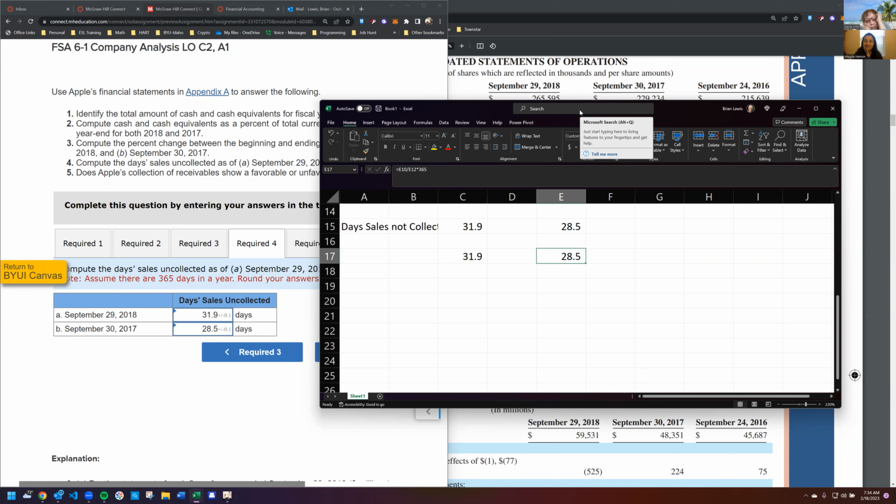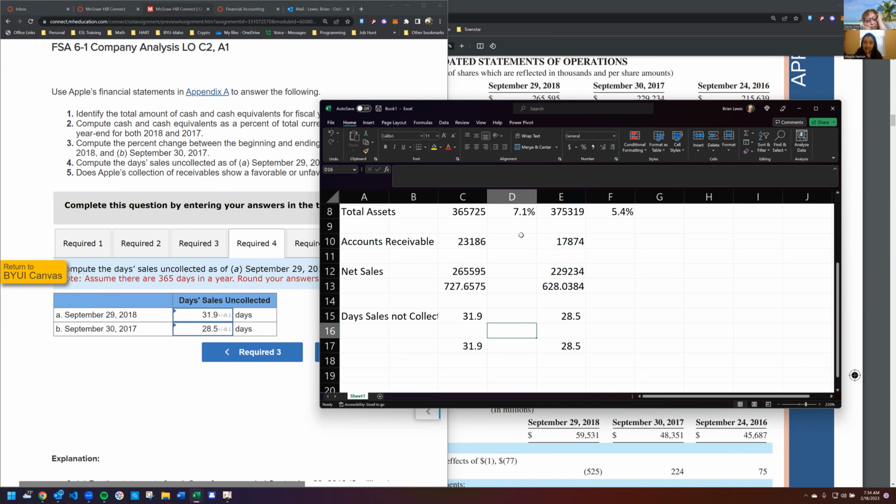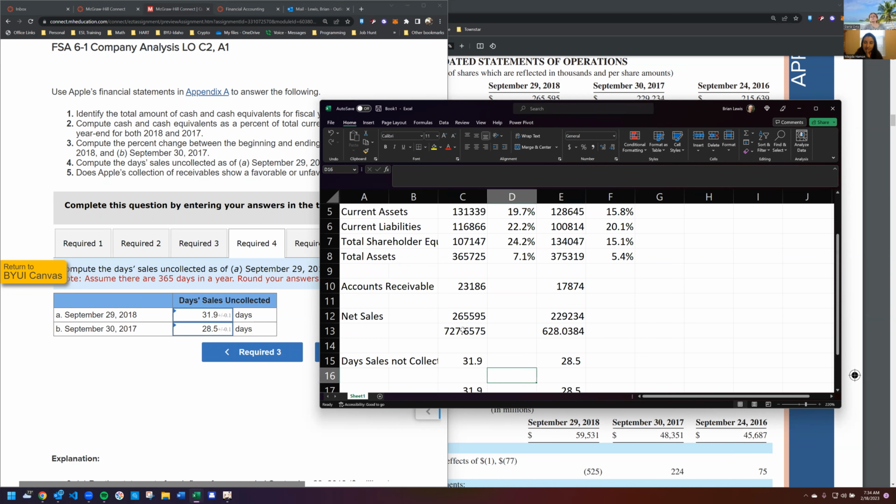I didn't remember the formula, but I did remember the logic. One way of doing it is just divide your net sales by 365. That gets you a daily sales number. Then take that daily sales number and divide it into your accounts receivable, and that gives you this one. Or if you remember the formula, great. Receivables divided by sales times 365, right?